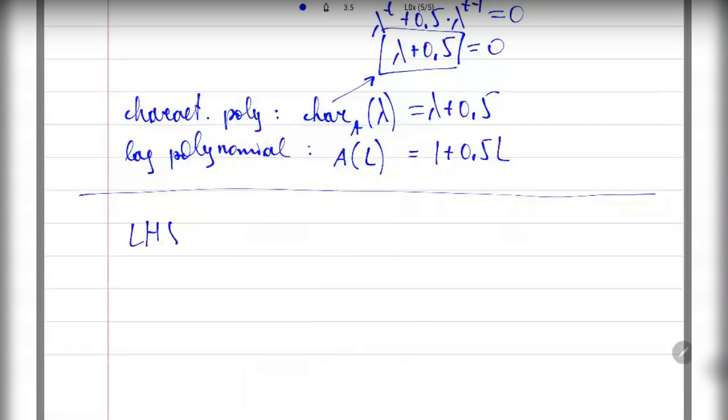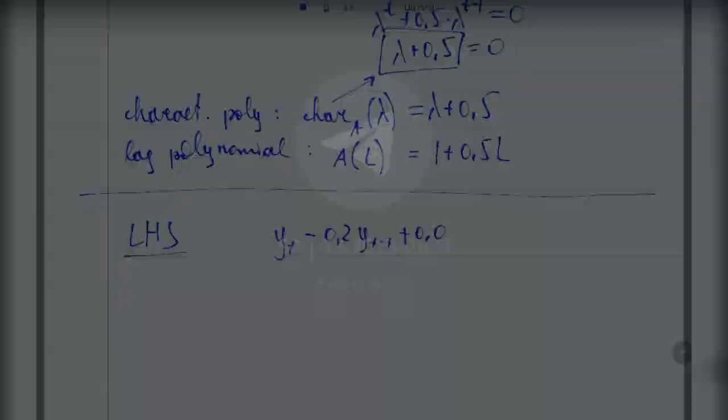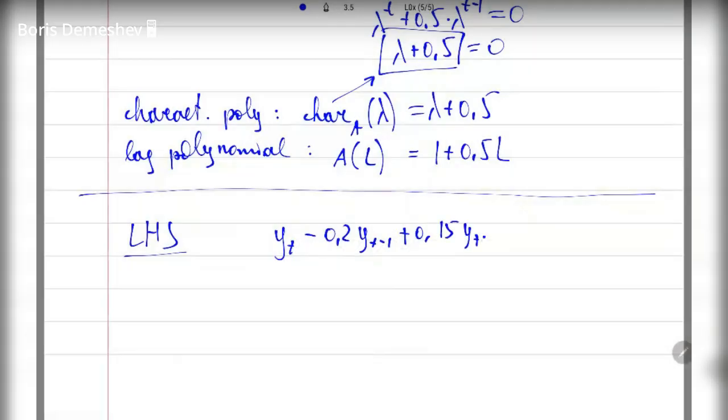We focus once again on the left-hand side. For example, on the left-hand side we have yt minus 0.2 yt minus 1 plus, let's say, 0.15 yt minus 2 equals something, I don't care. So we focus on the left-hand side.